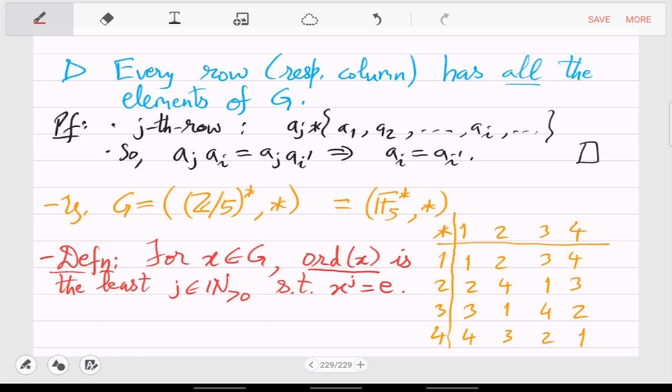So the least number which gives E. And the order of E we'll just define by convention. Maybe we define it 0. Not well. In that case, it will not exist. I mean, positive. Maybe I should say G minus E here.